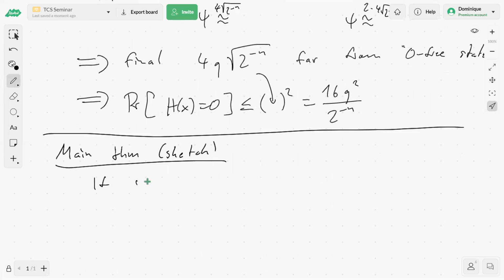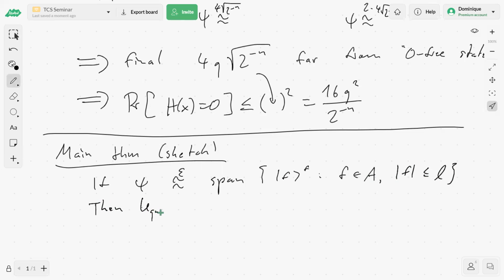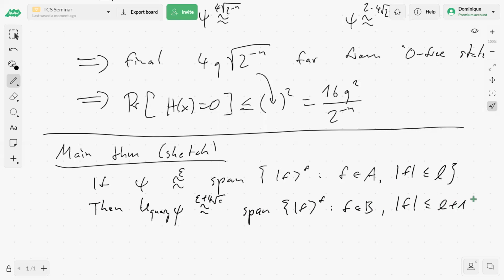It says if psi is epsilon close to the span of kets f, where the f's are in some set A and they are of length at most L, then you query psi, so the state I get after performing a query, is epsilon plus 4 square root of C close to, I will say what C is in a moment, the same invariant, only that F has become bigger by 1. Oops, I said same invariant but wrote B.